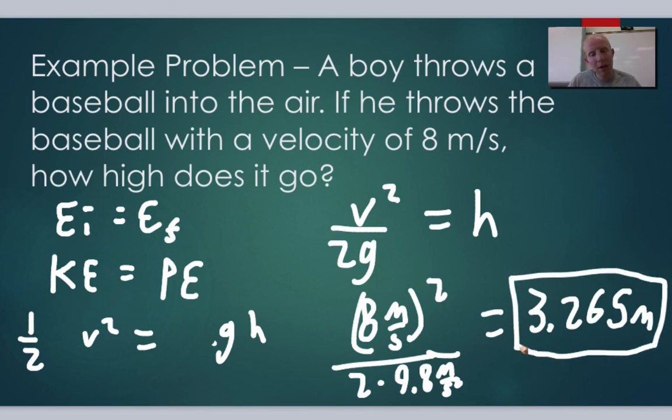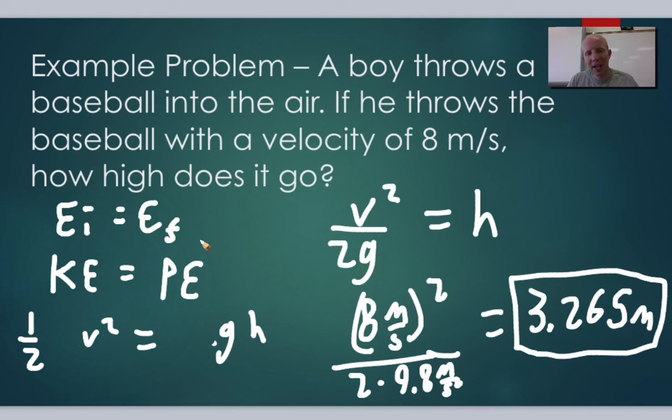And that's it. So again, for any one of these scenarios, if we know what the energy in the system looks like, we can quickly solve for what the object's height or velocity can be.